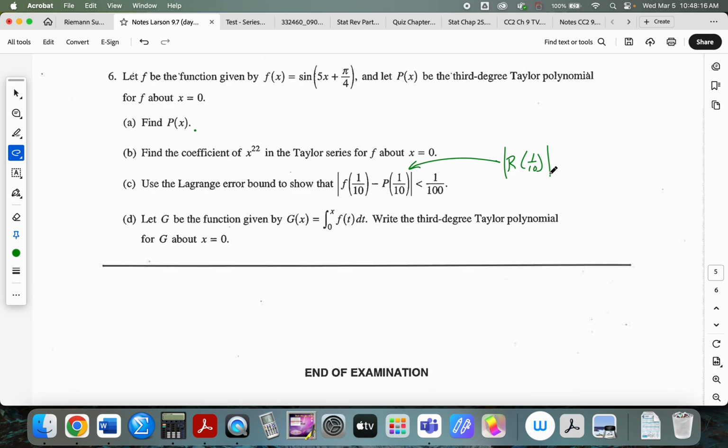So we're just using the Lagrange error bound. So what you would do is take the fourth derivative, because p sub 3 is the third degree Taylor polynomial, find its maximum value, and then divide that by 4 factorial times 1/10 minus 0 to the fourth power.